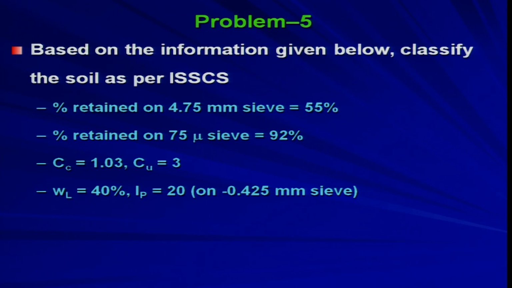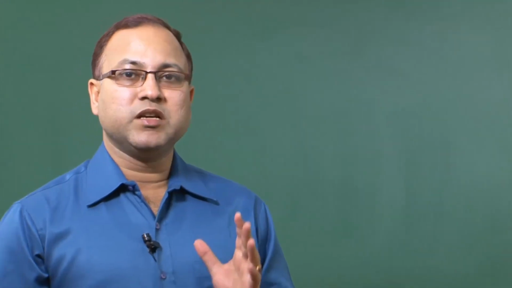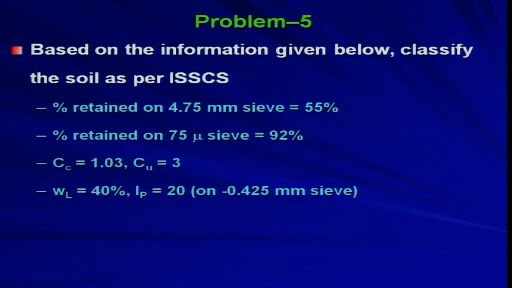The percentage retained on the 4.75 millimeter sieve is 55%, the percentage retained on the 75 micron sieve is 92%, the coefficient of curvature is 1.03, the coefficient of uniformity is 3, the liquid limit is 40% and the plasticity index is 20. Based on this information, we need to classify the soil. Now, let us see how we can proceed to find the classification of this particular soil.